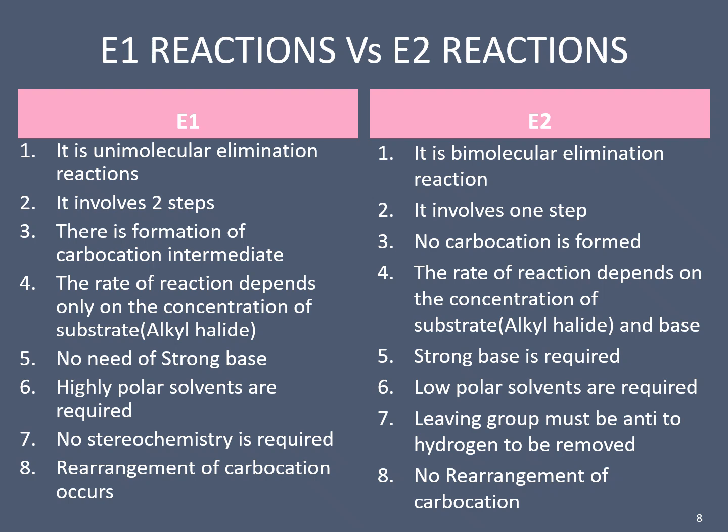So if the leaving group and hydrogen are placed anti to each other, then the energy to go into the transition state will be less, and the orientations which help in reducing the energy will be favored. That's why the leaving group must be anti to the hydrogen to be removed.